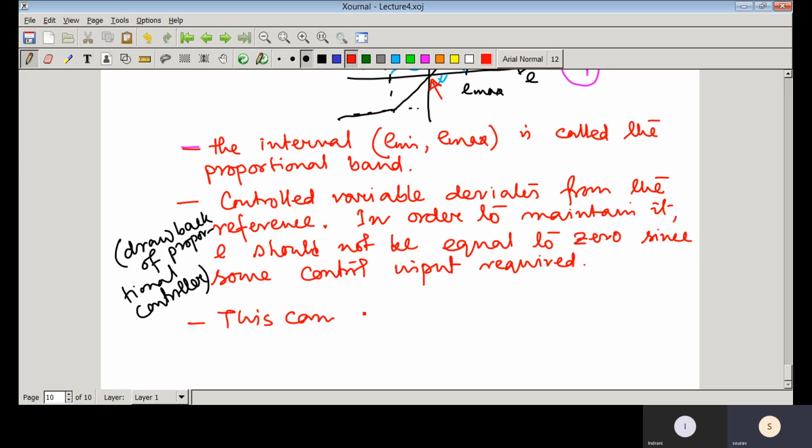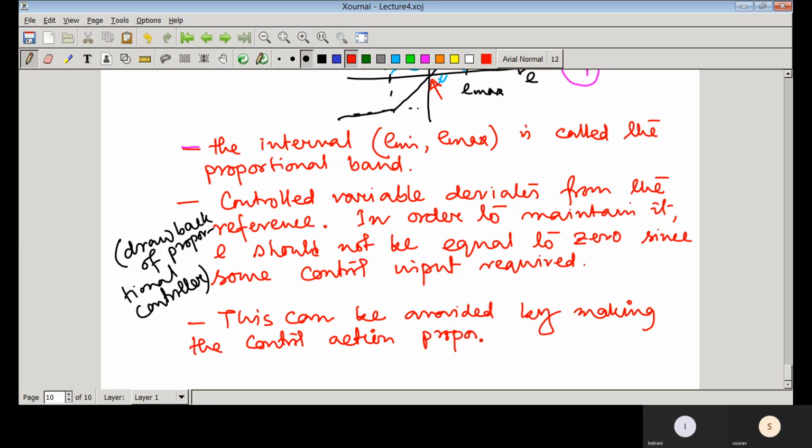This can be avoided by making the control action proportional to the integral of the error. Let us see.